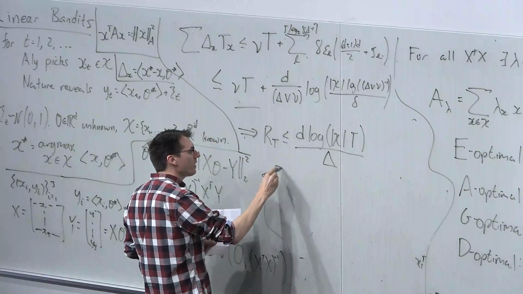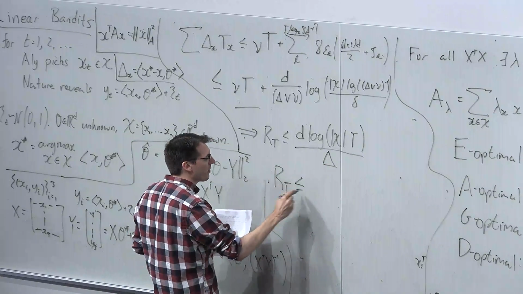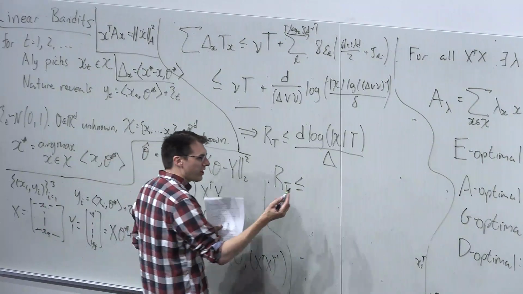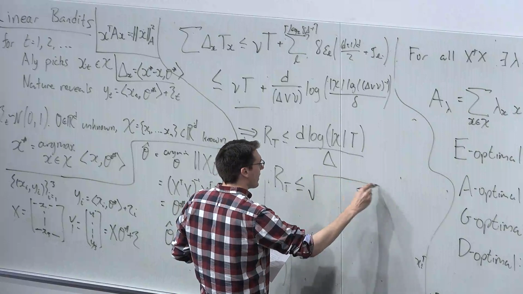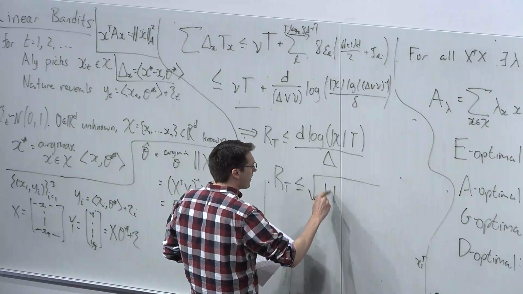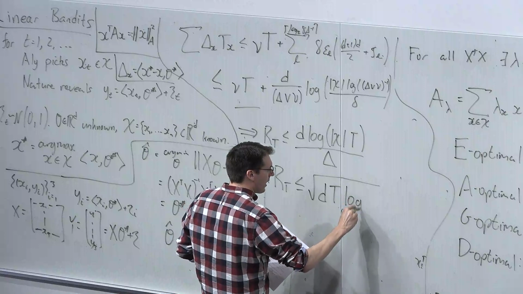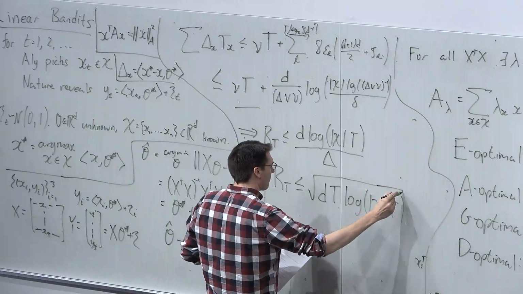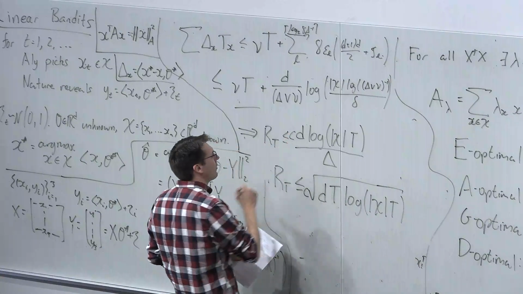But also, we get a gap-independent bound, just like last time, that now scales like the square root of d times t times log |X| t, with different constants c.